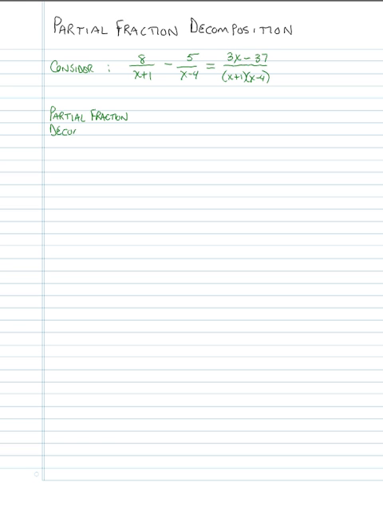We're going to take one fraction, something like 3x minus 37 over, and maybe if it were multiplied out, we would have x squared minus 3x minus 4. We're going to take that fraction and we're going to decompose it. In other words, we're going to undo the subtraction.